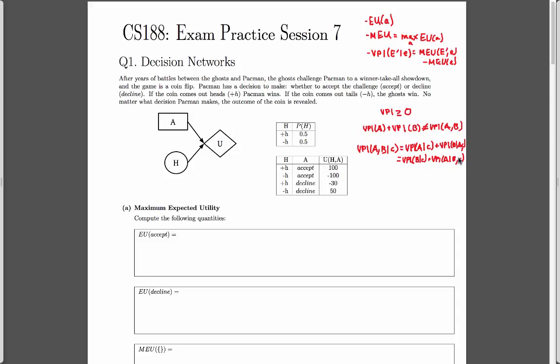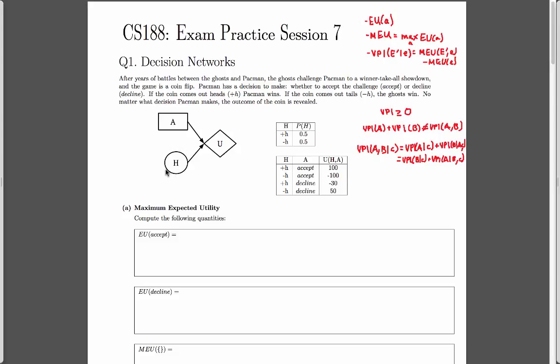Okay, with that, let's move on to the questions. So in this first question, we're trying to figure out your expected utility, and the case is that you have some action, and Pac-Man has to decide whether to accept the challenge or to decline the challenge. And the challenge is the game of a coin flip.